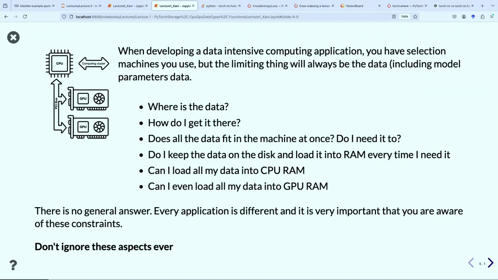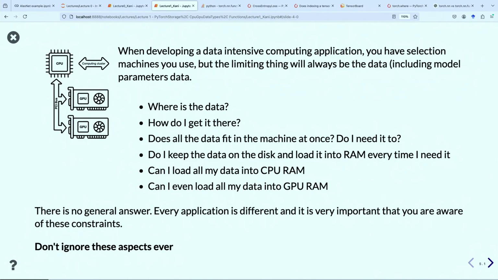You could, in theory, train a large model on multiple GPUs, as most large companies do today, but that is hard to get working. You need a lot of advanced computing techniques to do that. And can you load all your data into the CPU? Or could you load all the data into the GPU RAM?